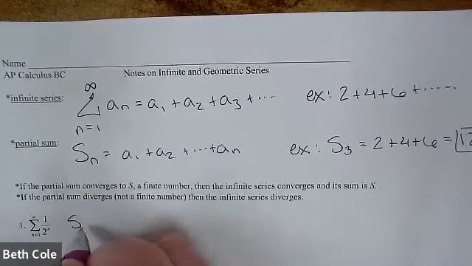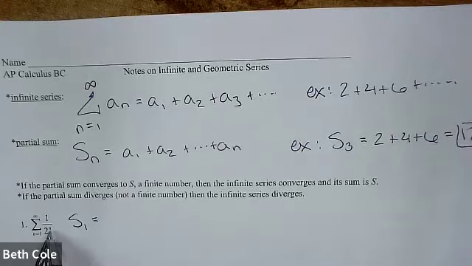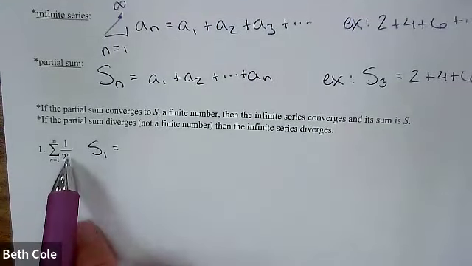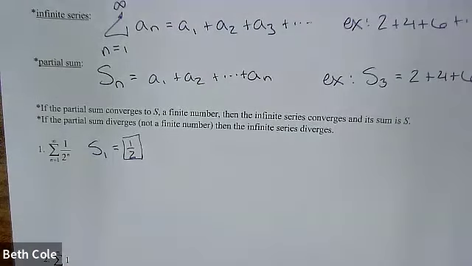All right, so let's list out our first few partial sums. Are we okay? All right, so if you have just the sum of the first term, that's literally just going to be the first term. You're just going to take 1 and plug it in for n. If you take 1 and plug it in for n, you are going to get 1/2, and that's it.